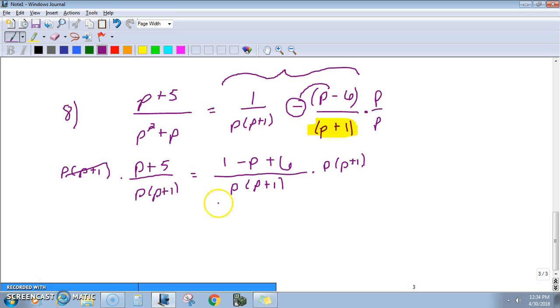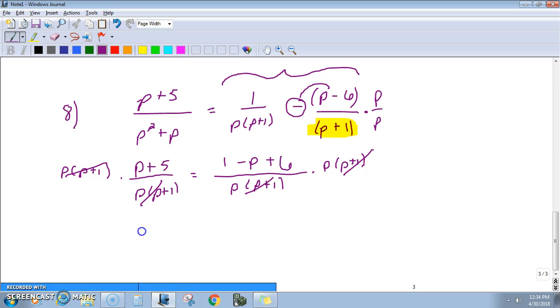These cancel out here, right? Because I'm just multiplying the entire equation by the one variable. I could have done it by both denominators, but that seems like an extra step to me because I'm already multiplying the entire equation by the same thing, so you don't have to do that.